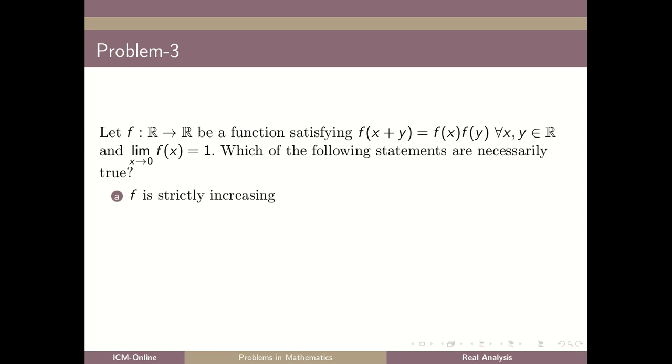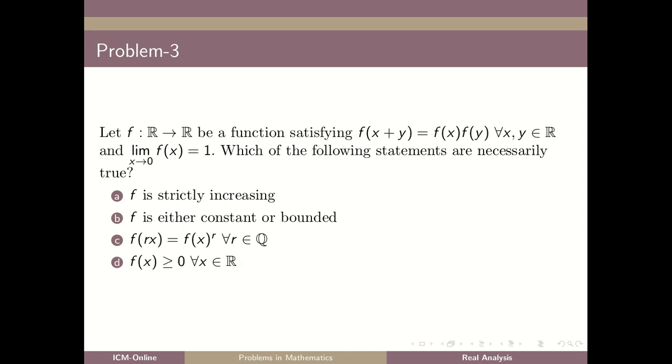F is strictly increasing, or f is either constant or bounded, or f of Rx equals f of x to the power R for every rational number R, or f of x is greater than or equal to 0 for every x in R. Let us discuss the answer.